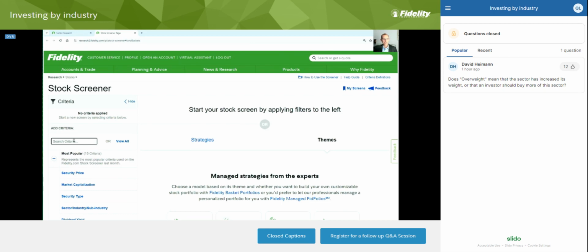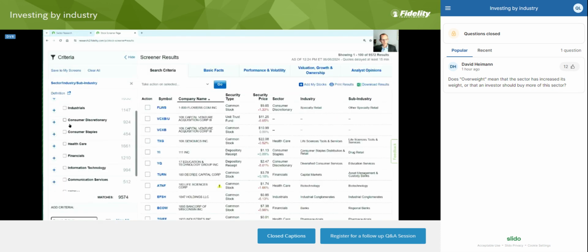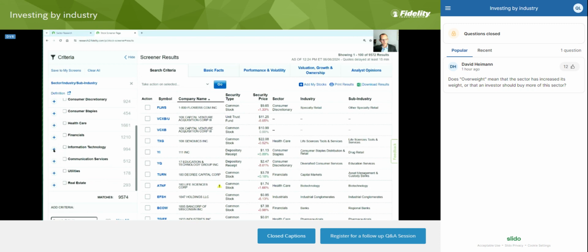For example, let's start by just supposing that we'd like to look for stocks that make up some part of the sector and industry and sub-industry. And here I can scroll down to information technology.